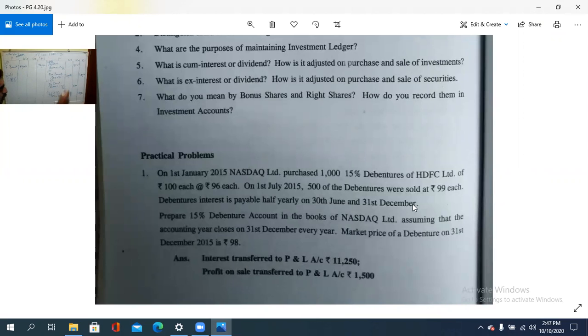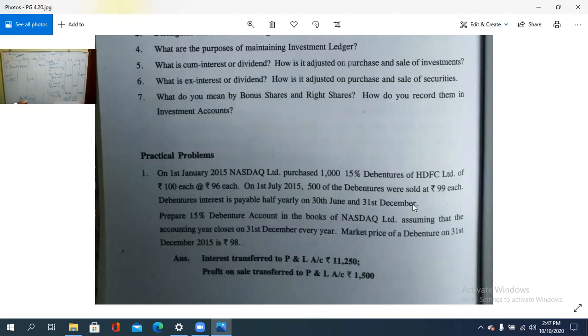How much is it? Here it is 1 lakh, the nominal value. Then how much is this? 11,250. 11,250 for the interest.